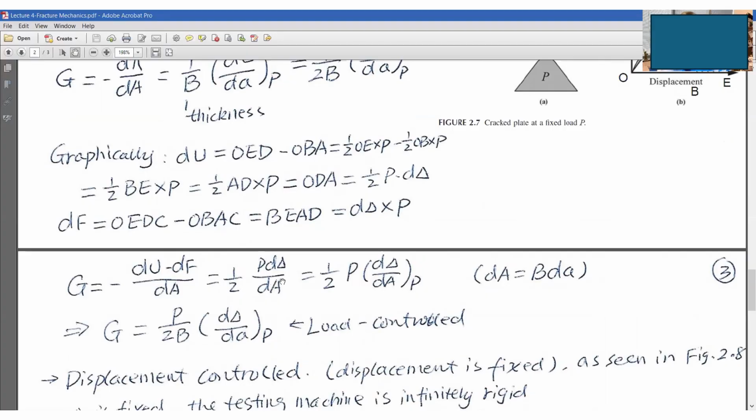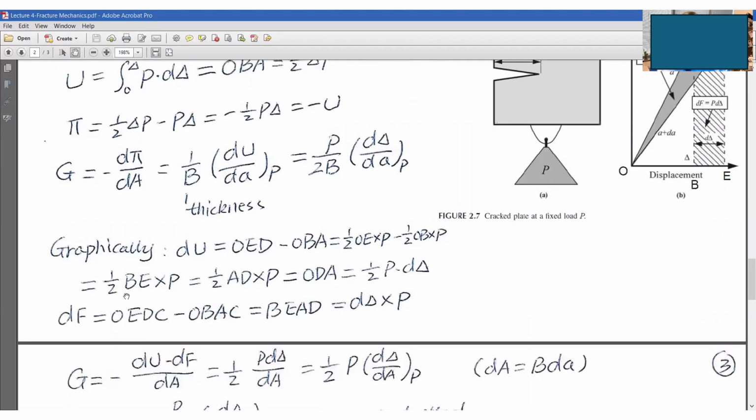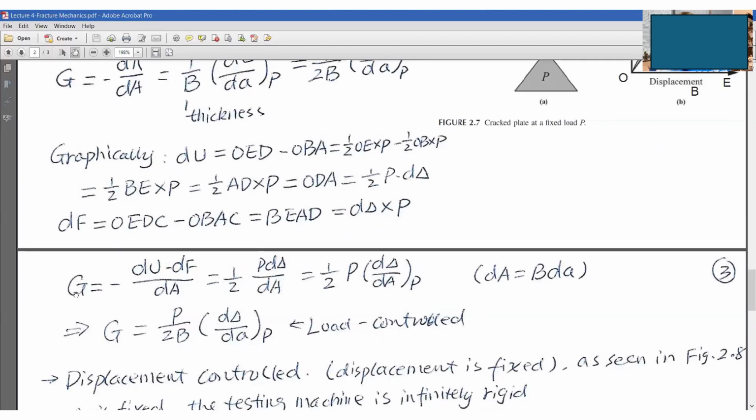And we have 1/2 P d delta, minus P d delta, which gives minus 1/2 P d delta, parenthesis P. And because dA equals B da, where a is lowercase, we get our energy release rate for the load controlled case scenario: G equals P divided by 2B, d delta over da, parenthesis P. So we can mathematically derive this, and also graphically derive how this G's equation comes about. Any questions so far?